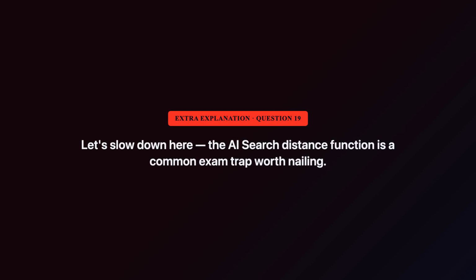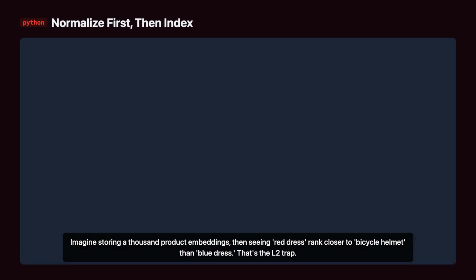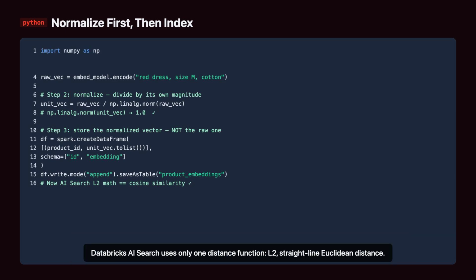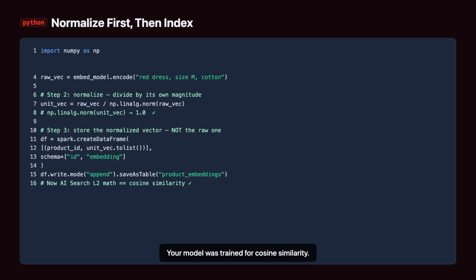Let's slow down here. The AI Search distance function is a common exam trap worth nailing. Imagine storing 1,000 product embeddings, then seeing red dress rank closer to bicycle helmet than blue dress. That's the L2 trap. Databricks AI Search uses only one distance function, L2, straight line Euclidean distance. Your model was trained for cosine similarity. Those two give different rankings unless you fix one thing.